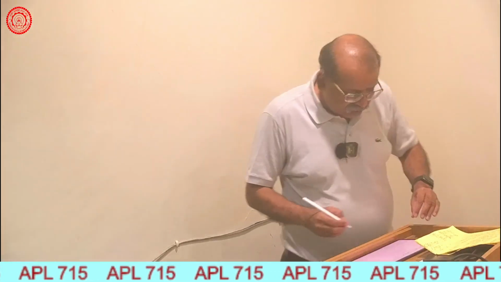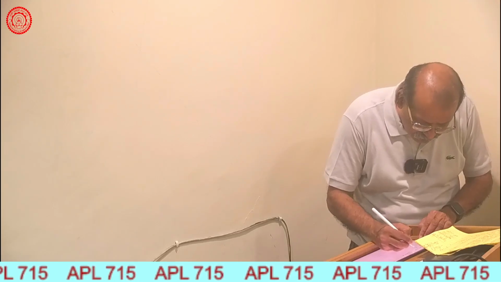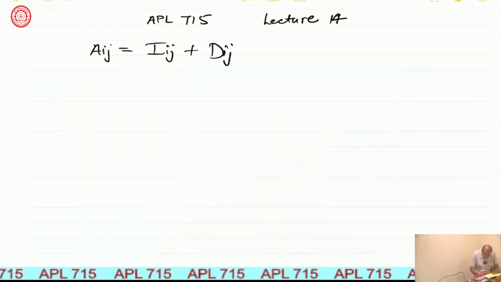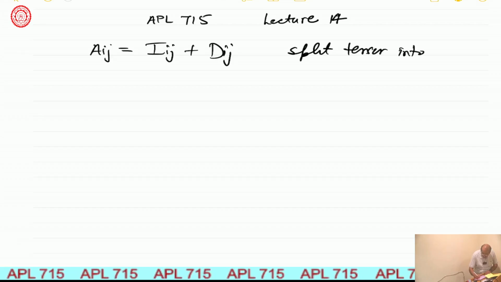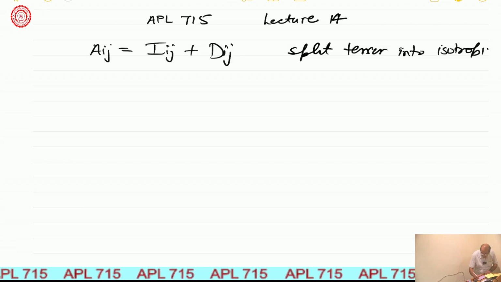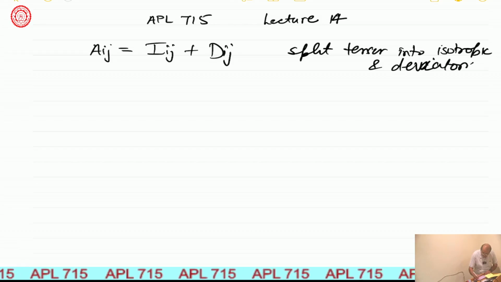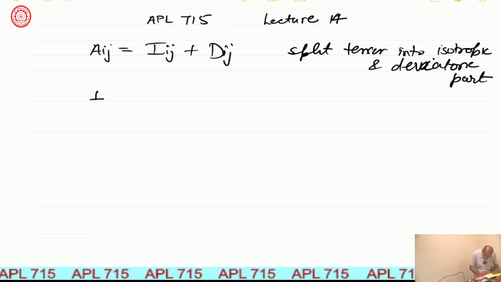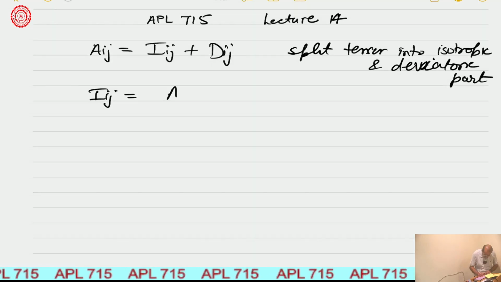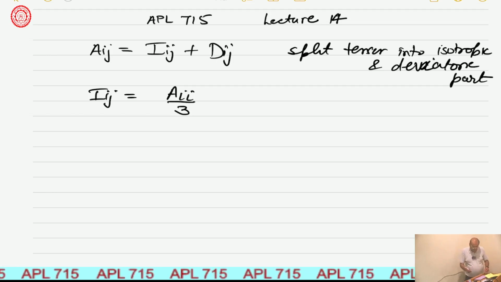So there's a doubt: if you split a tensor into isotropic and deviatoric part, so A_ij is equal to A_kk by 3 delta_ij plus d_ij.